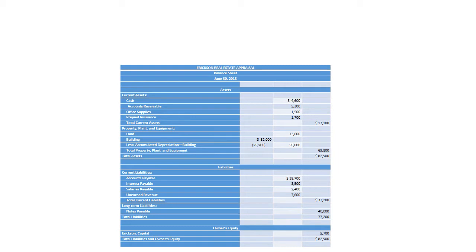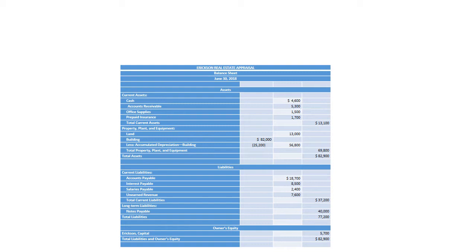In the second part, we will add our liability label and then we categorize our liabilities between current and long-term. In this company's case, all of their liabilities are current except for the note payable, and it tells us on the trial balance the note payable is long-term.